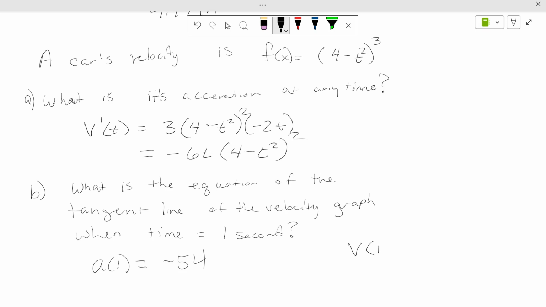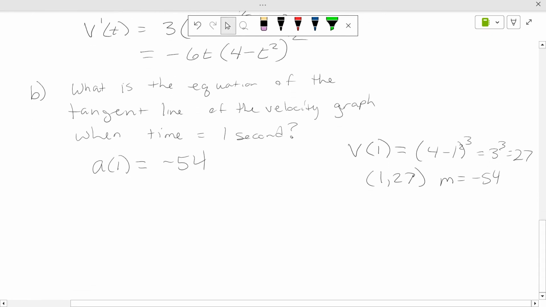What's the velocity at 1 second? Velocity at 1 second is 4 minus 1 squared, cubed, right? Which is 3 cubed, which is 27. So it's basically the point (1, 27) with a slope of negative 54. What's the equation?